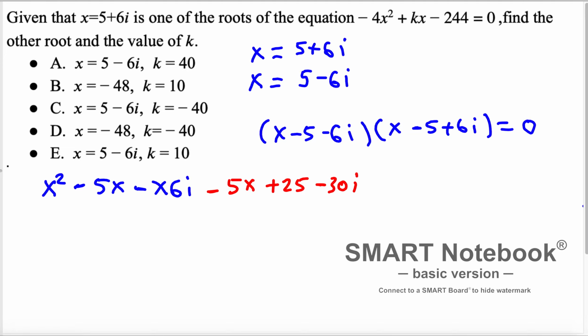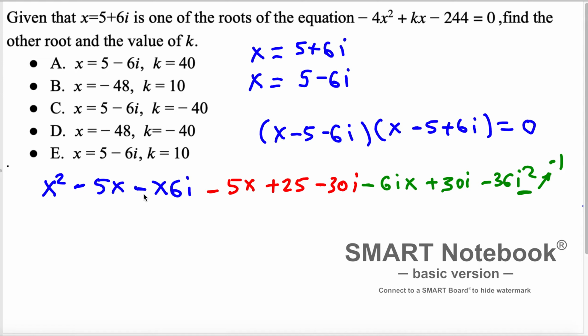Now with the next term: minus 6i times x is minus 6ix, and a negative times negative is a positive, and 5 times 6 is 30i. And the last term: minus 6i times minus 6i is minus 36i squared, and this i squared is equal to minus 1.